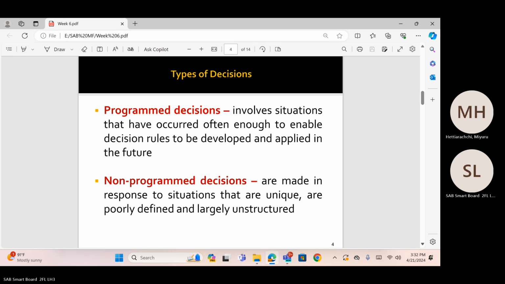Right. Semi-programmed, no? Then we can identify similar words with the term semi: semi-plan, semi-structured.